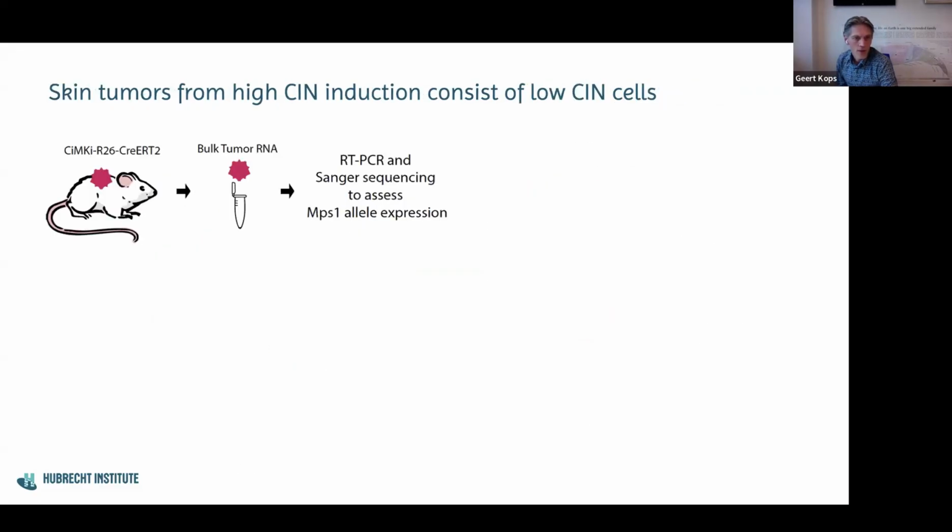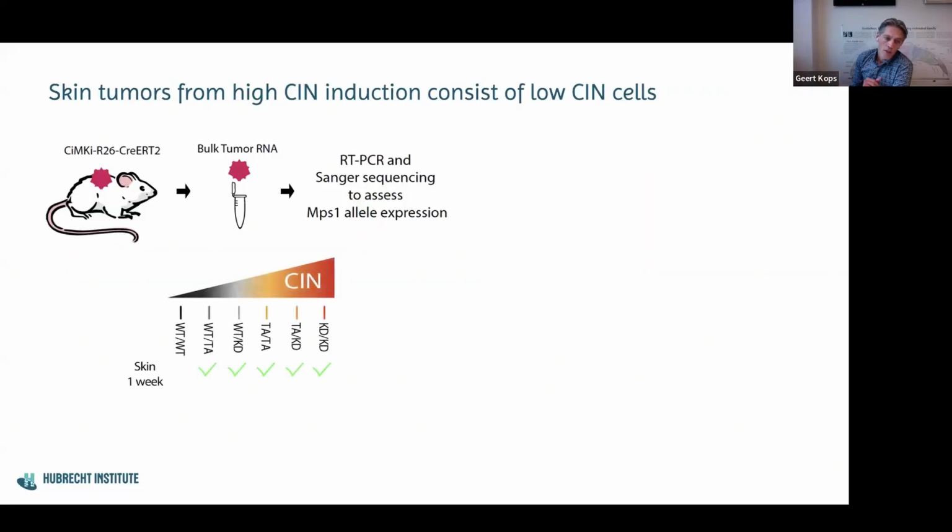And so what we did is we extracted RNA from the tumors, and we did RT-PCR and Sanger sequencing to assess these MPS1 allele mutations that we induced. We did this after 1 week of induction.